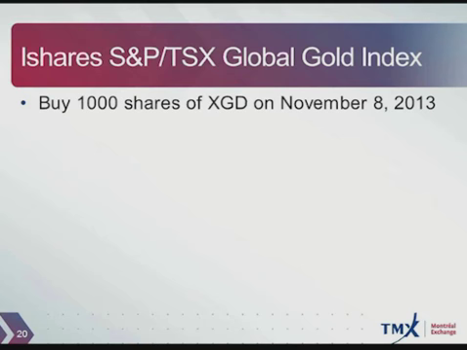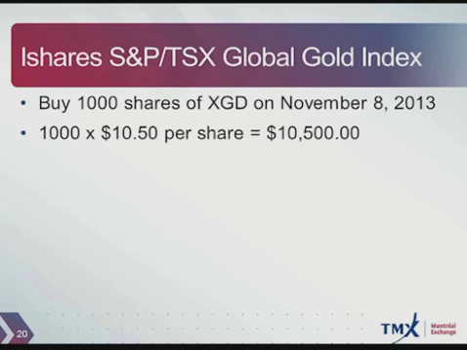So I was looking at an example. This is an older example, but it played out very well. Back in November of 2013, we looked at buying 1,000 shares of XGD, and at the time, XGD was trading at $10.50 per share, so you'd be putting out $10,500.